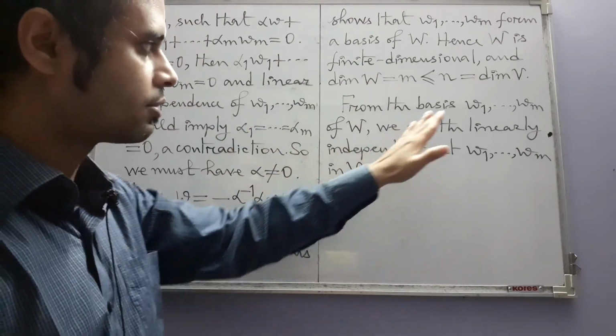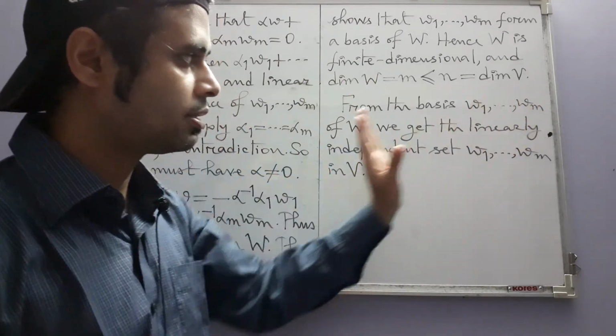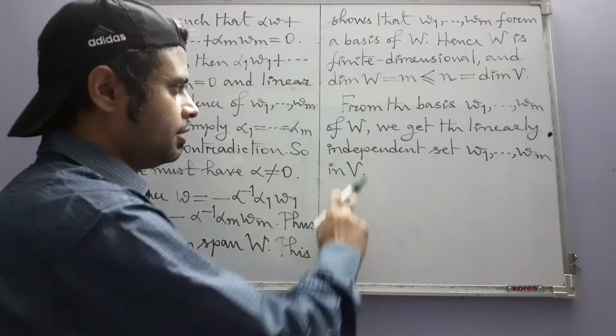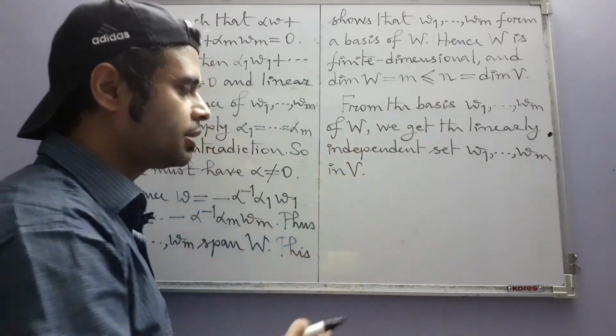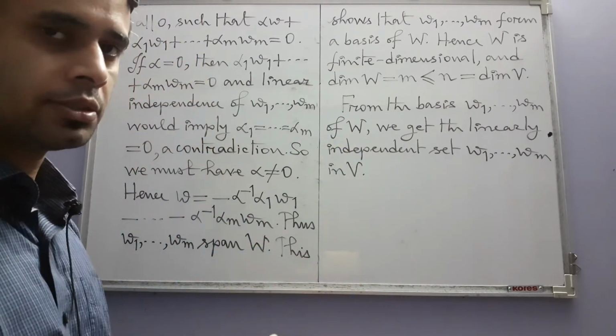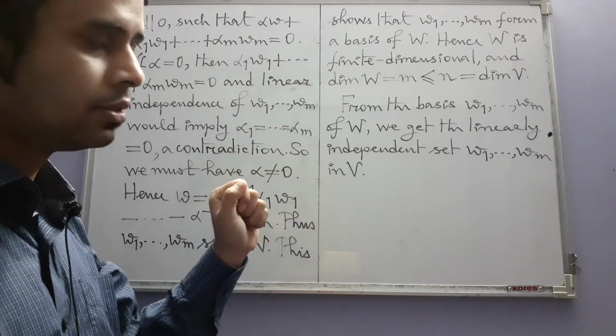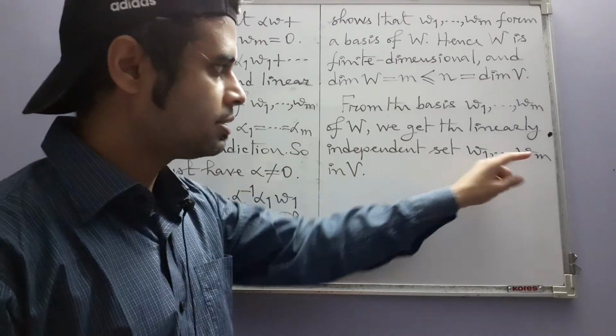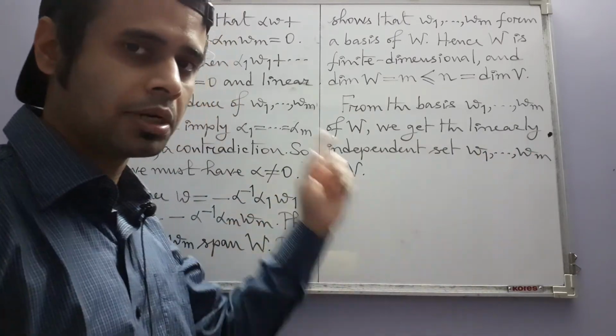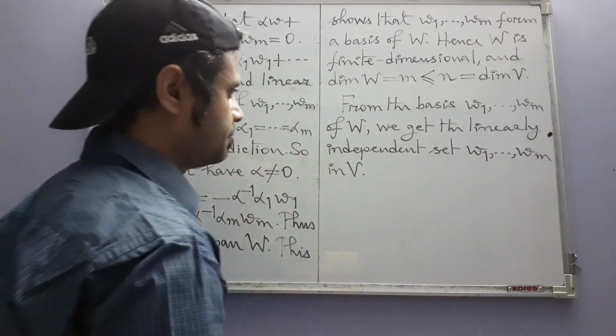Now again we are going to use the linear independence of these vectors in W, and so automatically in V also they are vectors, because W is a subspace of V and they are linearly independent in V. So we can blow this up to a basis of V by the previous corollary.